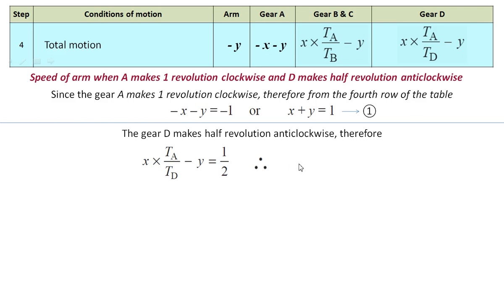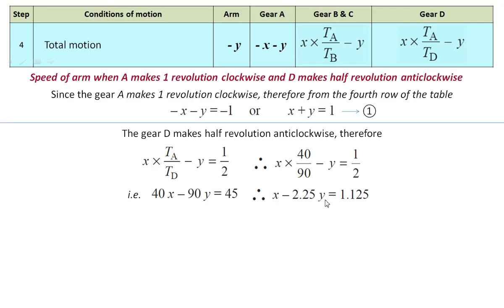Or we can say x into 40 by 90, we substitute the values of TA and TD here, minus y equal to 1 by 2, and when we multiply this 90 and take it to RHS, we have 40x minus 90y equal to 45. Further, when we divide this equation by 40, we have x minus 2.25 into y equal to 1.125. Let this be our equation number 2.